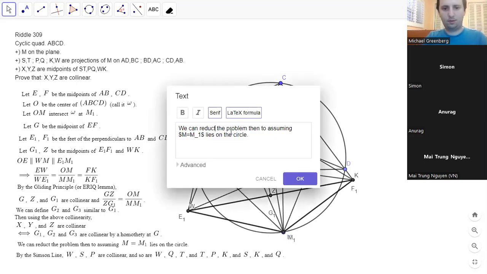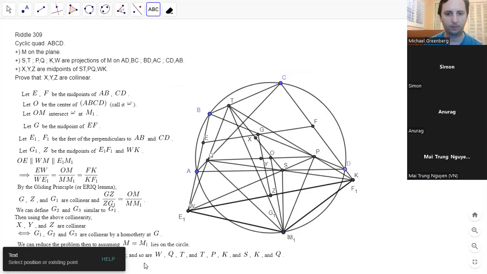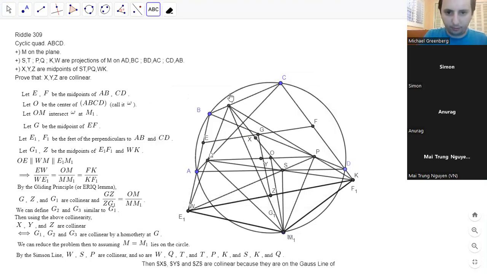And then once we know those, then it's the Gauss line. Then X, Y, and Z are collinear because they are on the Gauss line of TQSP.